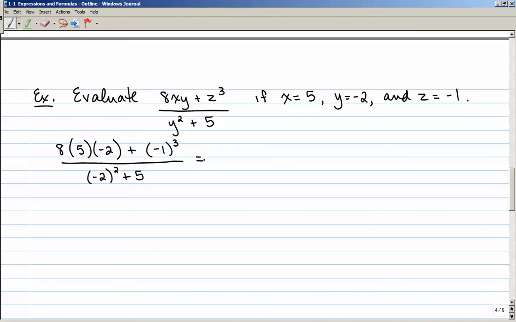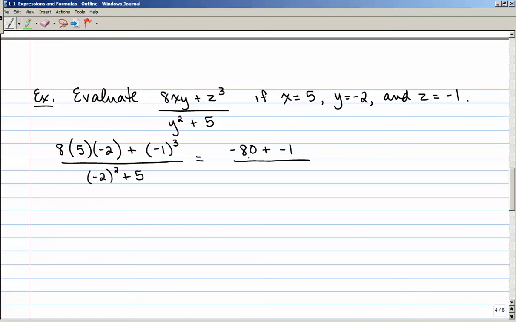So, in this case, my fraction bar is a grouping symbol. So I need to evaluate everything on top, and then evaluate everything on bottom. On the bottom, do those separately, and then actually do the division that the fraction bar represents. So 8 times 5 times -2 is going to give me a -80 plus -1 cubed. -1 to the third power is a -1.